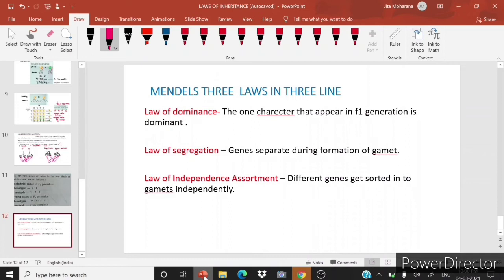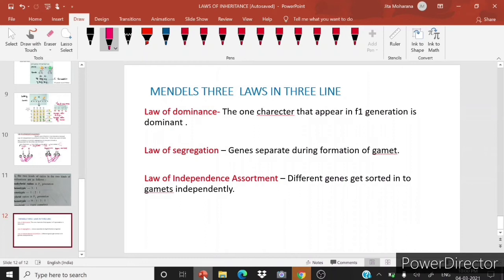The law of dominance states that the one character that appears in the F1 generation is dominant, and that which is suppressed in F1 but reappears in the F2 generation is recessive. This is the law of dominance.